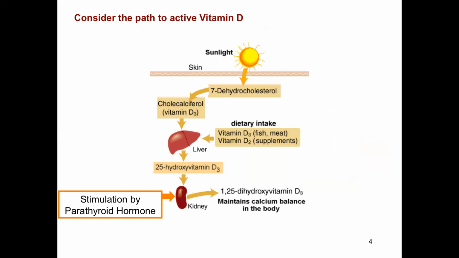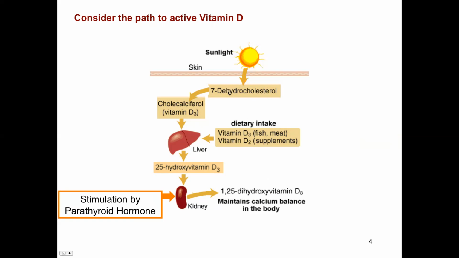But your skin is actually helping you in the first step of making vitamin D. The final form is this one here, 1,25-dihydroxy vitamin D3, but it's based on a cholesterol molecule. If you're making your own, clearly you can also get it from your diet. You can get D3 and D2 from your diet.